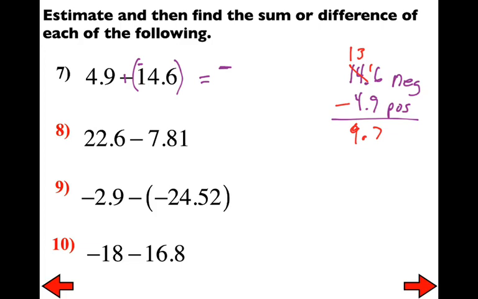But it looks like we have 9.7 more negatives than positives. So therefore, 4.9 minus 14.6 is negative 9.7. Go ahead and try number 7, 8, 9, and 10. Go ahead and pause the screen, do them, and then compare, and then play the video so you can see if your answers are right or wrong.